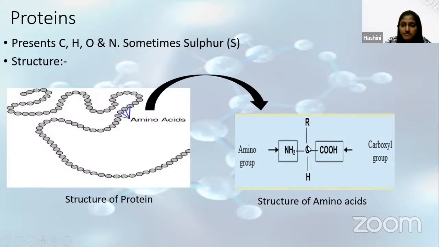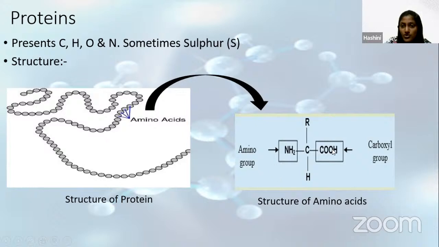Around the carbon there are 4 groups: amino group and carboxyl group, and the next it has an R group, right? This R may be any type, and there is another hydrogen atom. So this is the structure of amino acid.